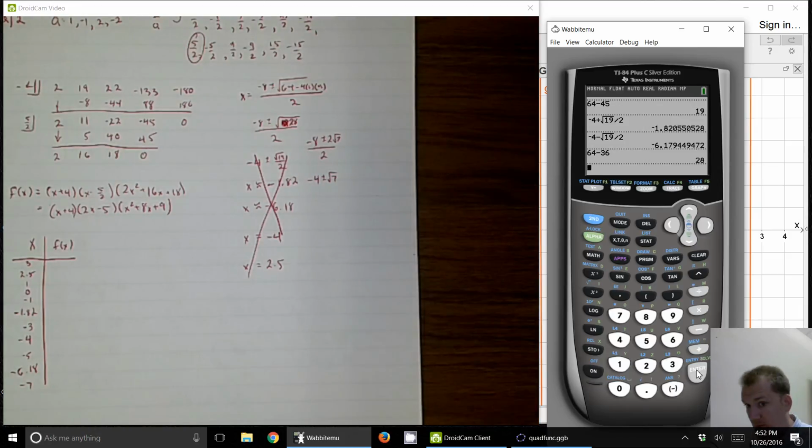Okay, so what are those? Negative 4 plus the square root of 7.